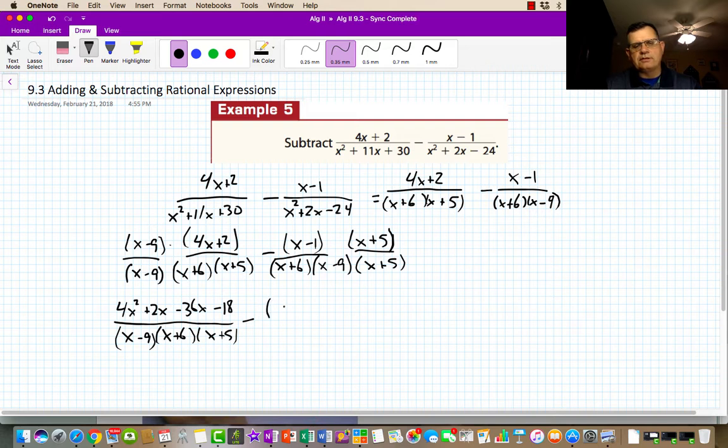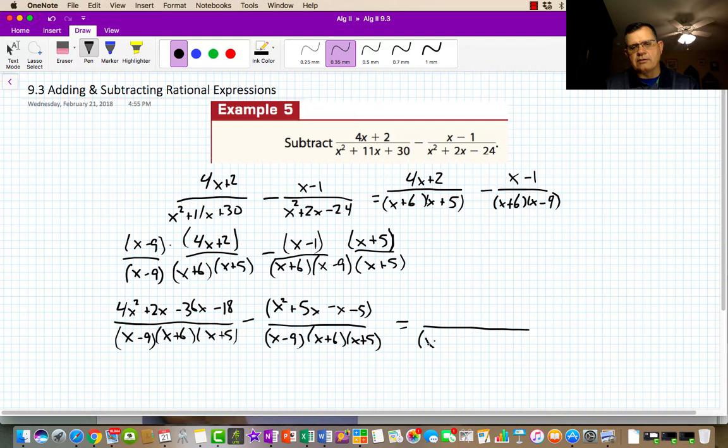Let's keep it in parentheses because that minus is out front. X squared plus 5x minus x minus 5 all over x minus 9, x plus 6, x plus 5, the exact same denominator. So now I have a common denominator, so the denominator comes right across, doesn't change.